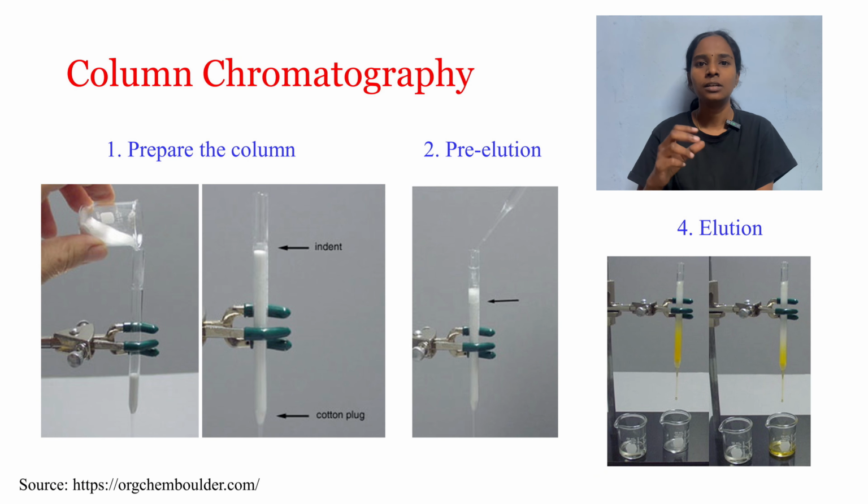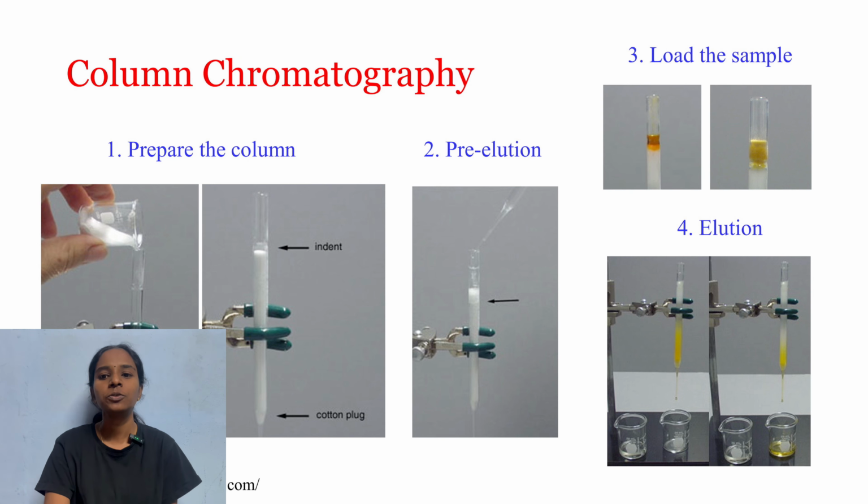Once the stopper is removed, the constituents of the column can come out of the column. Once the matrix or the stationary phase is loaded onto the column, it must be packed with the solvent. So the solvent is pre-eluted, the solvent is added and then it is removed, so that the entire column is already saturated with the solvent.